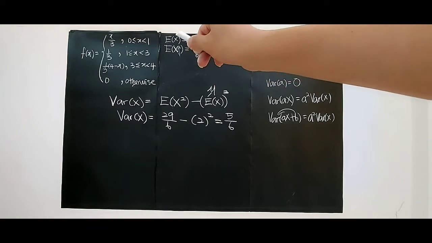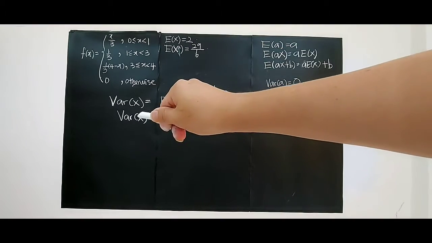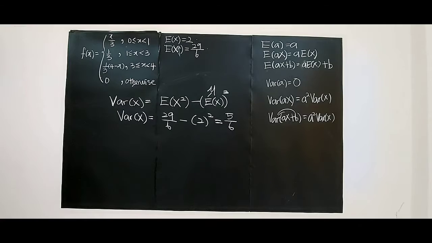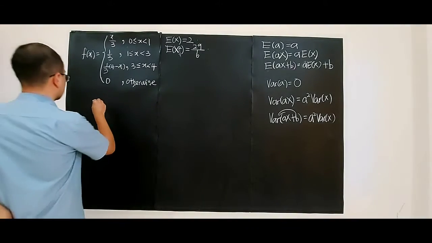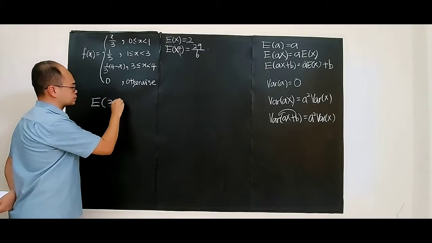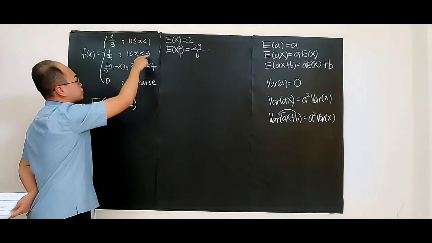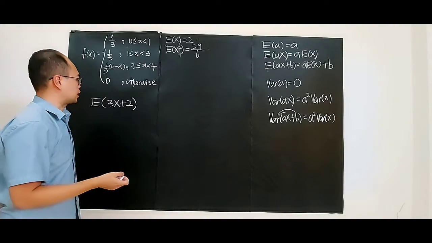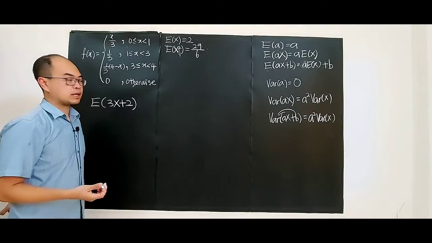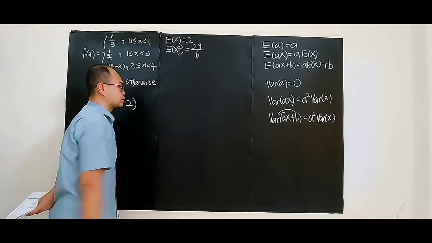Just by knowing the expectation of x, the mean, the E(x squared), and the variance, you can find other values that the question requests. For example, if the question asks us to evaluate the expectation of 3x plus 2, there are two methods. One is to integrate by multiplying this function into the integral that I told you just now, but that one is a bit tedious and not a smart way, because the chance of making a careless mistake is higher.